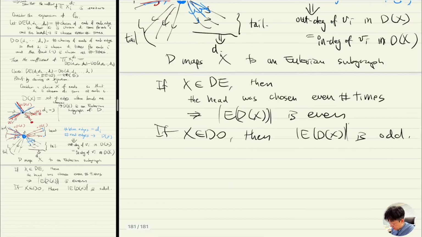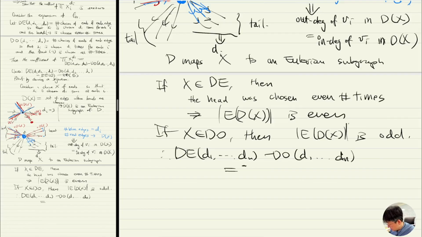So that means it's a bijection, and that maps even to even and odd to odd. So dE d1 dn minus do d1 dn is equal to EED minus EOD.